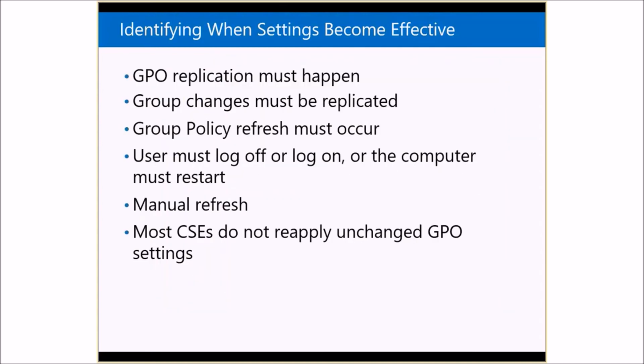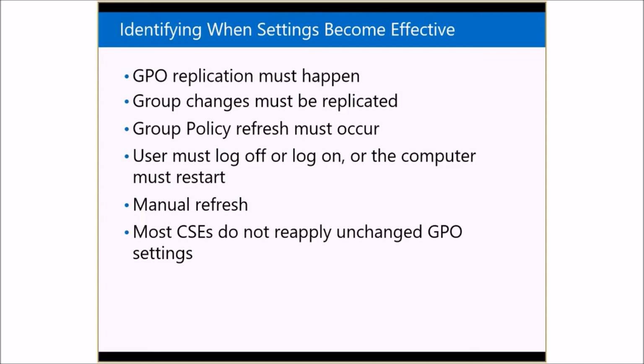Identifying when the settings become effective. So GPO replication must happen. Remember, I said if you're logged in on a computer, and I've made a change to the settings on GPO on the domain controller, you don't automatically get that straight away. What happens is that if you're already logged in, it will update the settings every 90 to 120 minutes.